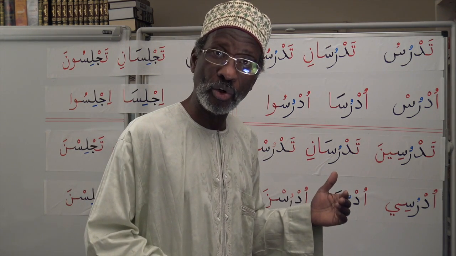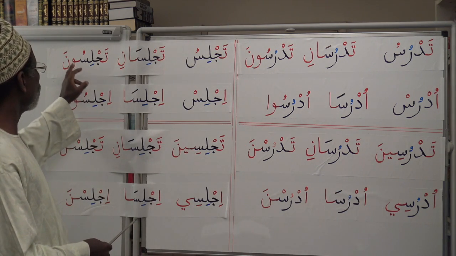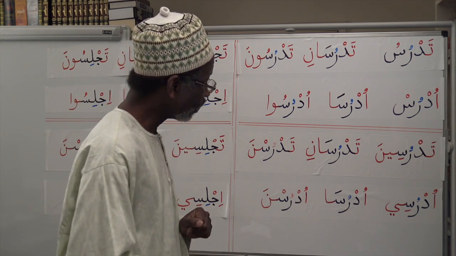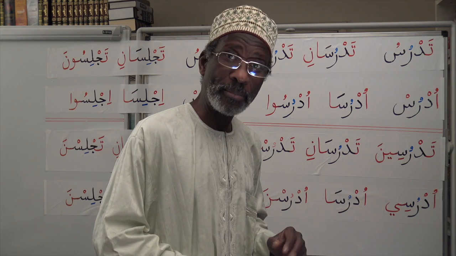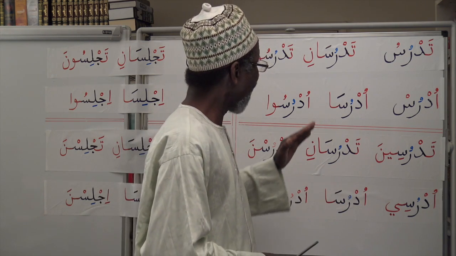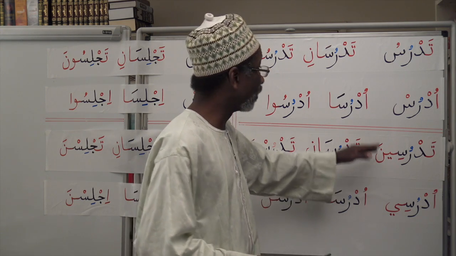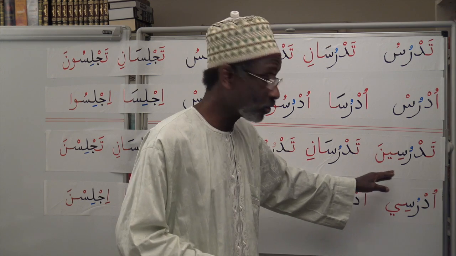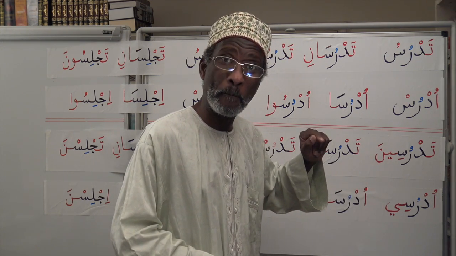You are now instructing a group of men. Here, tajlisuna, ijlisu. Sit down, all of you. I don't know whether you notice what is going on there. It seems to me that every time we have the na or ni at the end, and we have a lengthening letter before that, such as a lengthening ya, we are removing the noon in the imperative.